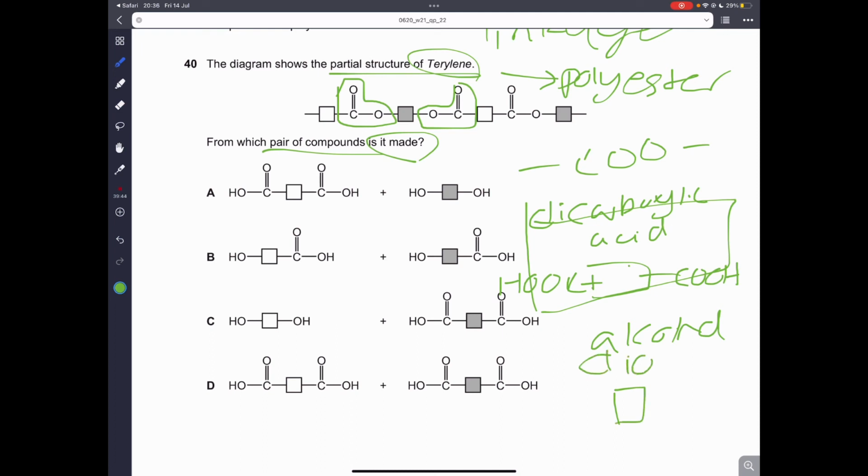It has an alcohol functional group at each end. So if you remove the OH from the acid and the H from the alcohol, you will be left with a water molecule. And therefore A is the correct answer.